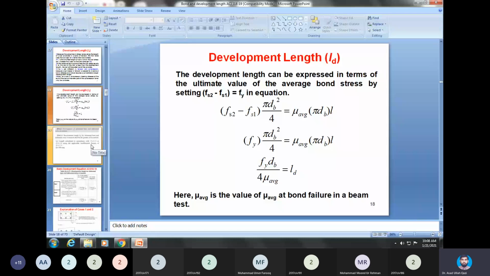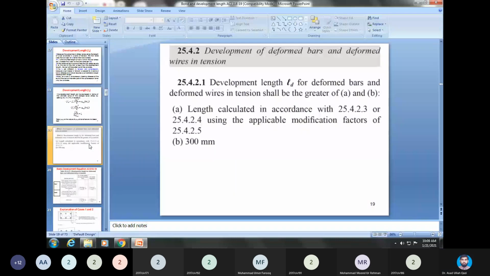I want to discuss those equations which are more general purpose, and in the 2019 publication of ACI, these equations are revised. In earlier codes, 2014 and earlier, there were little modifications made in the latest 2019 publication.